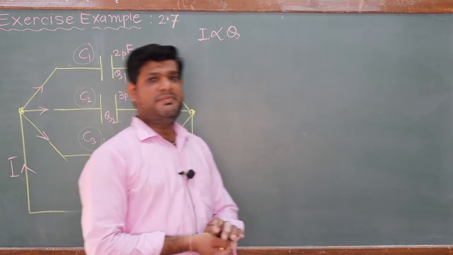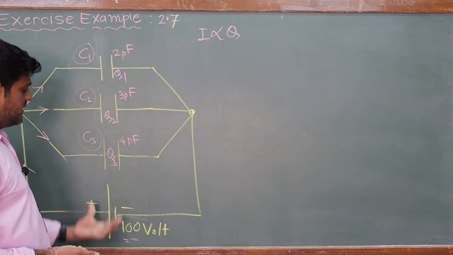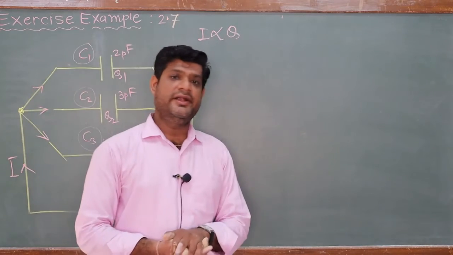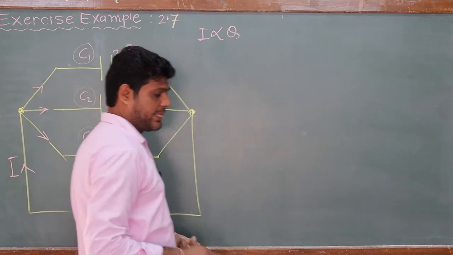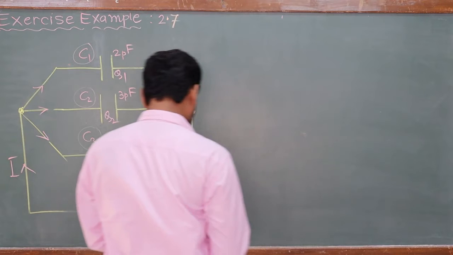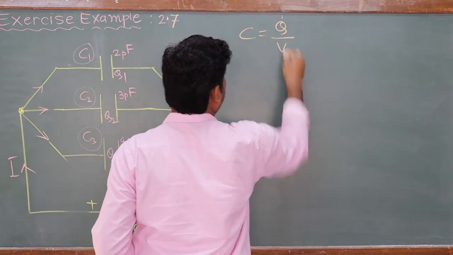So with the help of the basic formula, we know that C equal to Q by V, right?